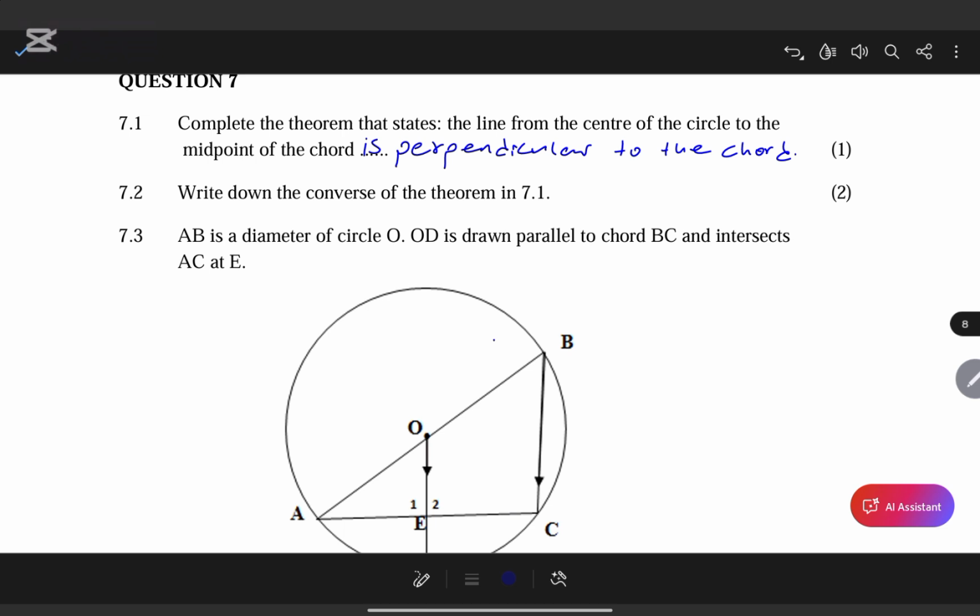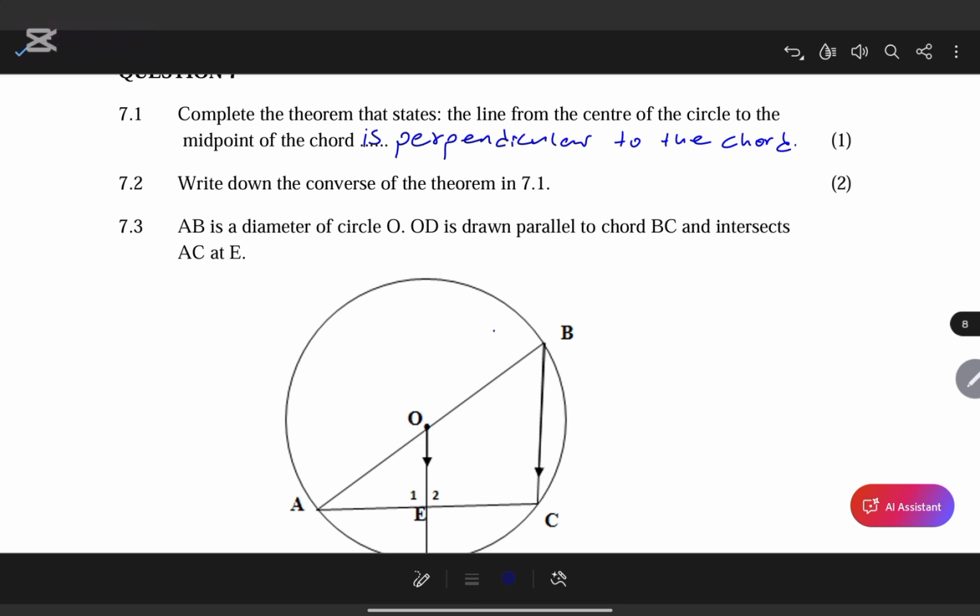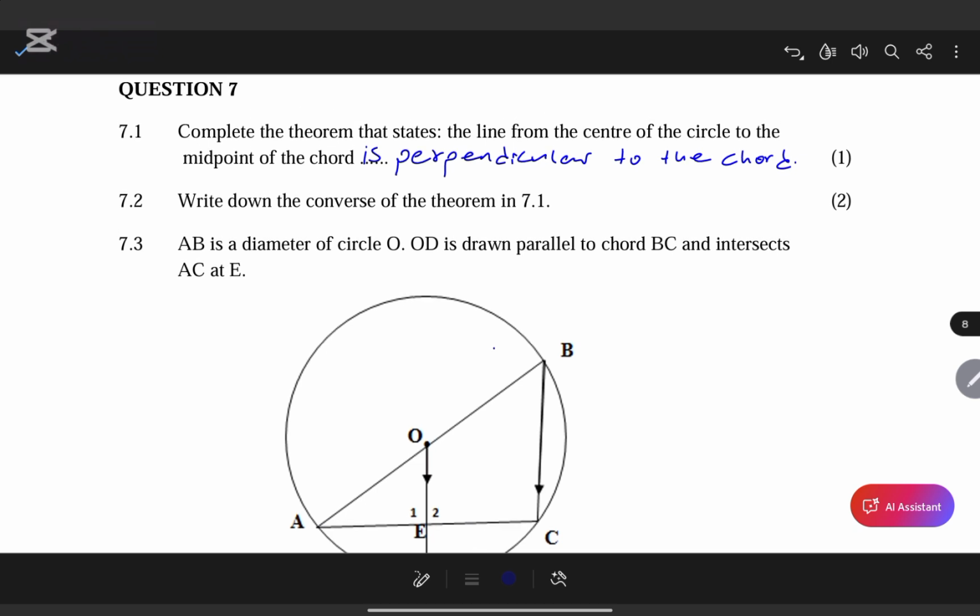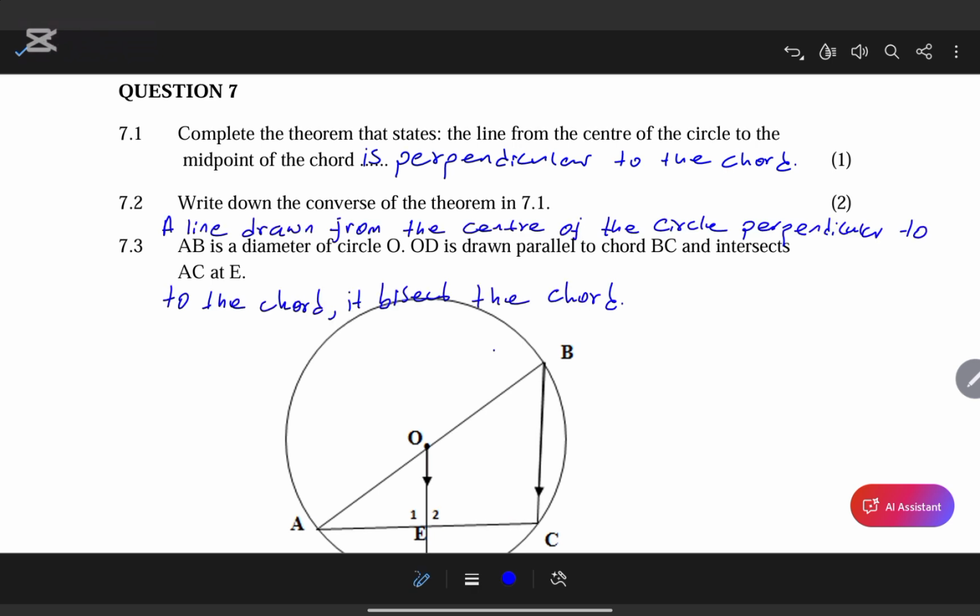So some of you are repeating the given theorem, but they are saying write the converse of it. So we say a line drawn from the center of the circle, perpendicular to the chord, bisects the chord.